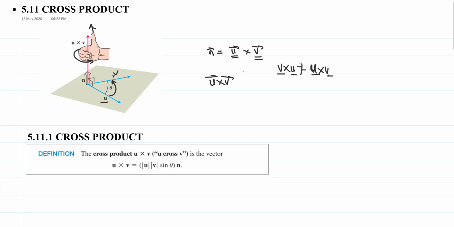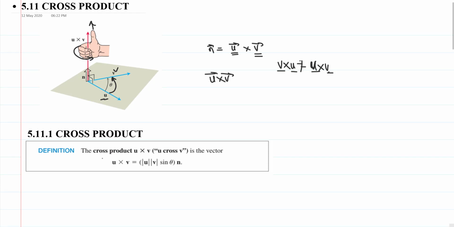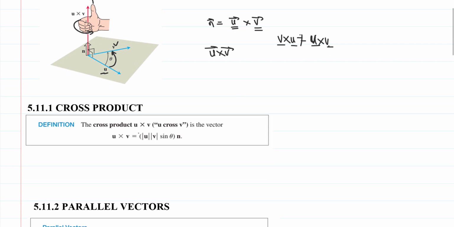Okay, just to give it a more formal definition. The cross product of two vectors, u and v, we normally read as u cross v, unlike the way we read the dot product, where we say u dot v. So u cross v is the vector that you get from the magnitude of u, and the magnitude of v, multiplied by the sine of the angle between the two vectors.